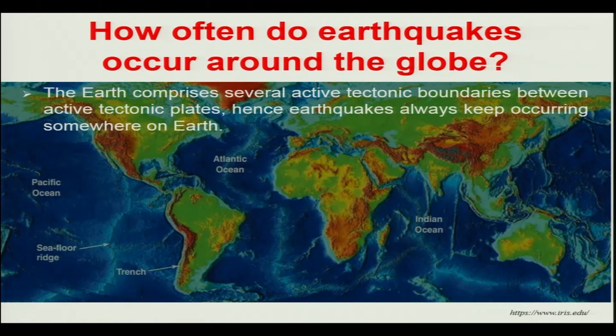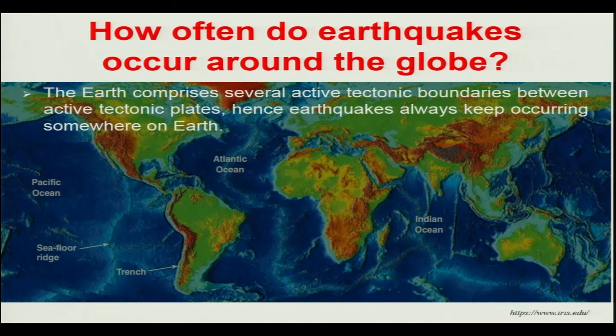earthquake. So, Earth, as we know, is a very dynamic planet, and it is an active region. Earth comprises several active tectonic boundaries between the tectonic plates or lithospheric plates.